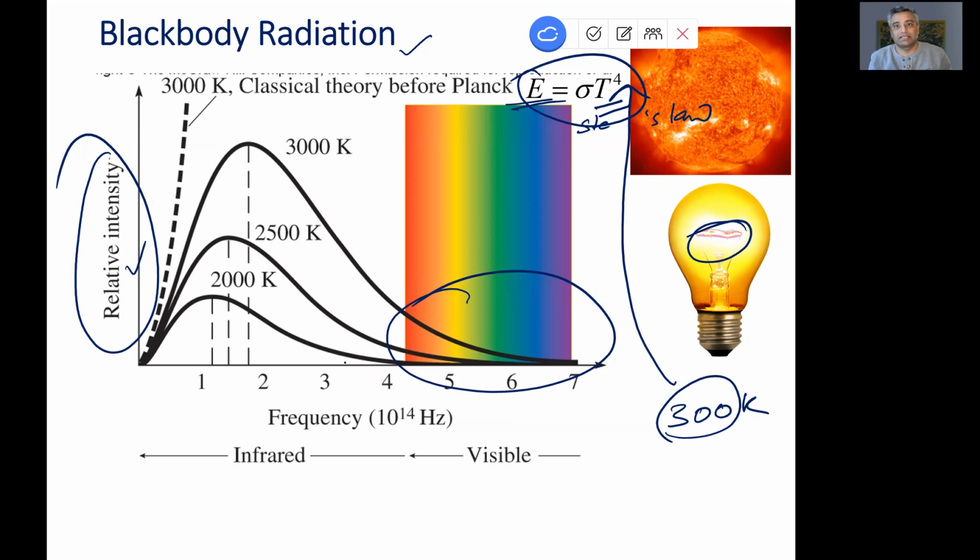Because we have around this much temperature, and if we were to get the frequency or wavelength based on this much energy, it turns out to be in the range of infrared, okay?